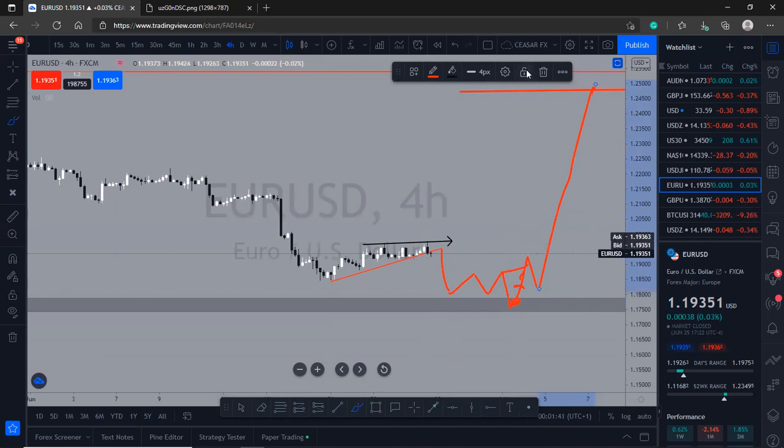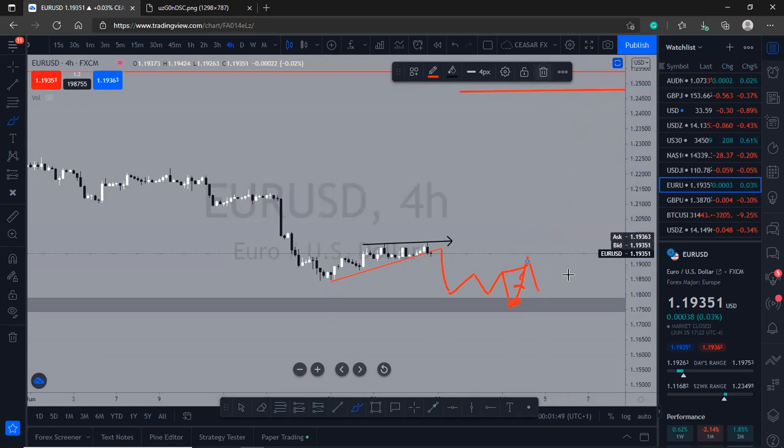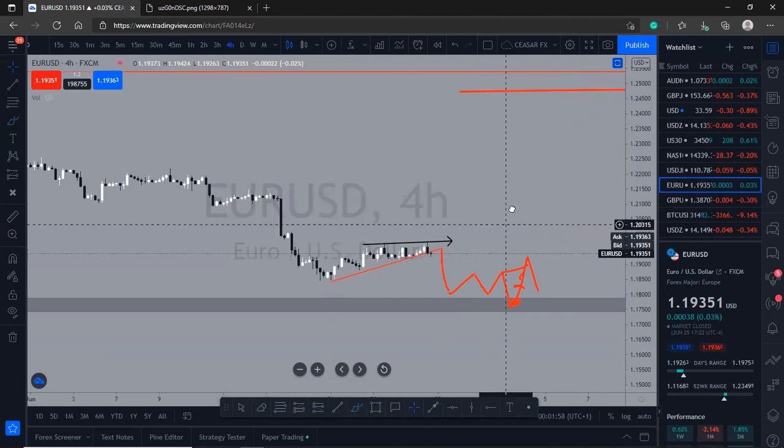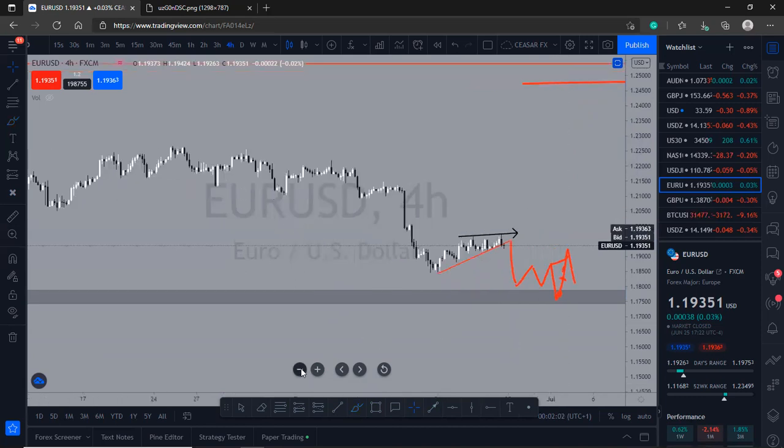So I'm done with this one. Let me check another pair, what is happening there. But on this one, let me try to take a picture of this one.